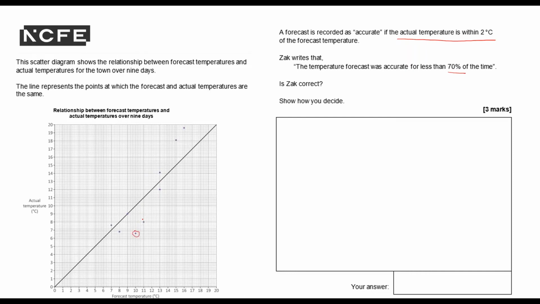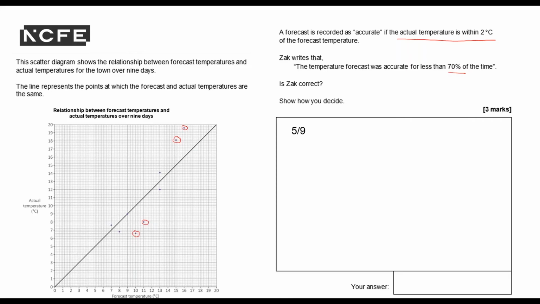So I've got one there, that's more than 2. That's close, that's close. This one is more than 2 away, and this one is more than 2 degrees away. So we've decided that we've got 4 that are inaccurate, and the total is 9 temperatures that have been recorded. So there's 5 that are accurate. So I'll write that in the box.